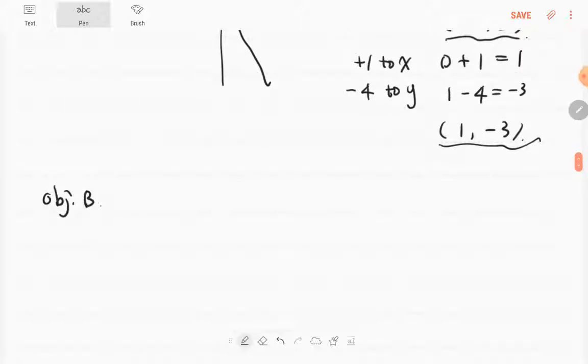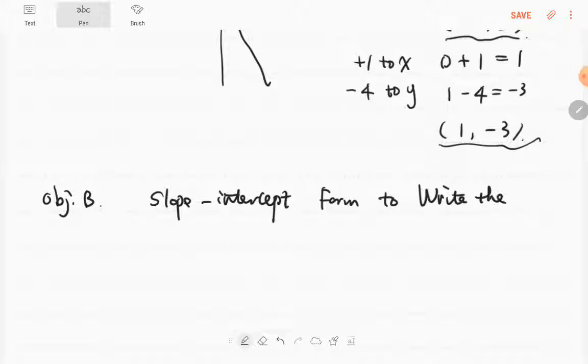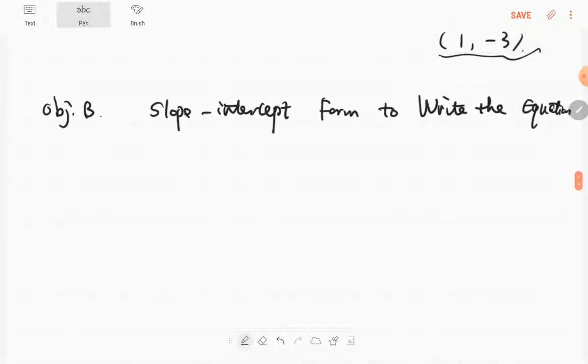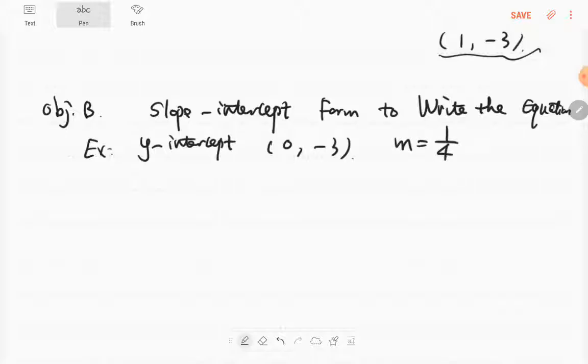And the second objective is to use the slope-intercept form to write the equation. So this time I have the y-intercept, 0, negative 3, and we also know the slope is 1 over 4.